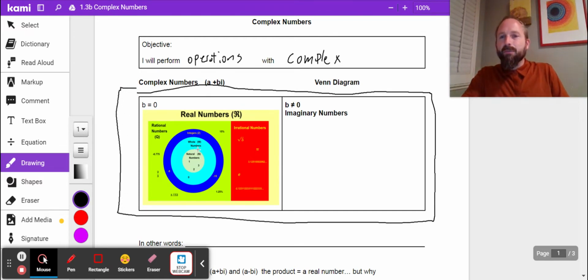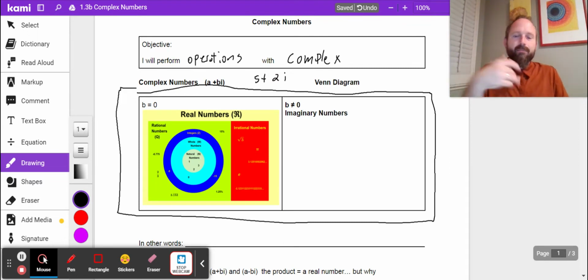A being a real number like 5, and then we could do like 5 plus 2i. There's an imaginary plus a real. Boom, it's complex. So when b is 0, so 0 times i, that gets rid of that imaginary number. Now, hey, look, it's just real.